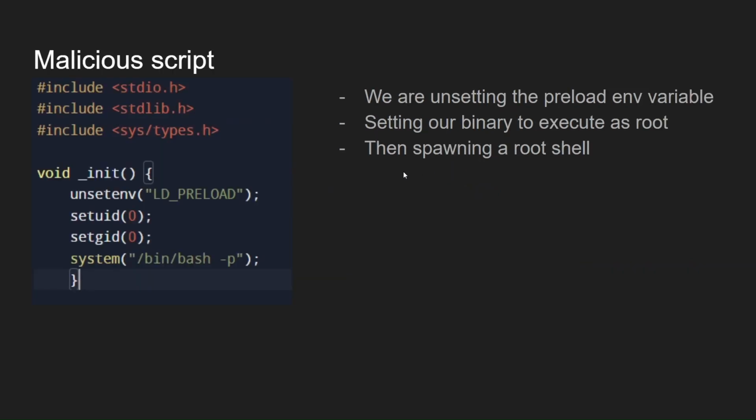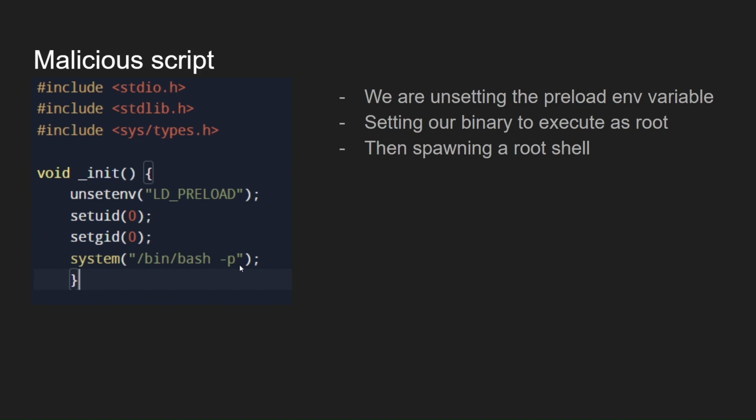So how this is going to work is we're going to create a nice simple malicious script which just sets our user ID and group ID to 0, and that'll basically give us root. The process is: start the application, unset the environment variable preload, set the user ID to 0 so the program runs as root, group ID 0, and it'll spawn a system shell as a root user.